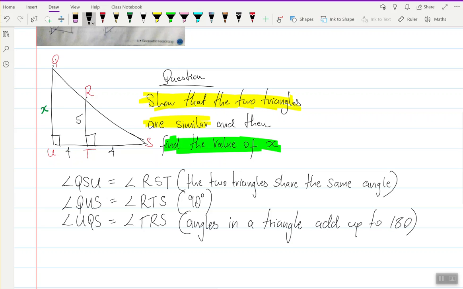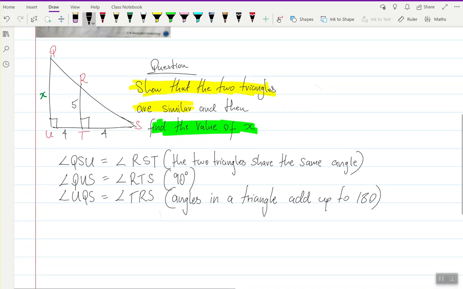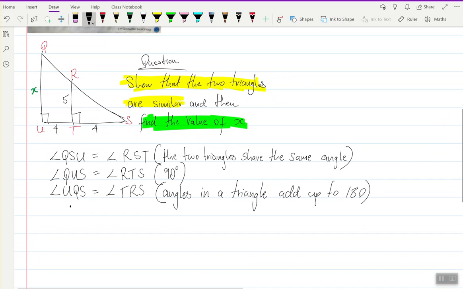So that's done. Show that the two triangles are similar. Actually, I can do more. Then my three dots there. What do those three dots mean? Therefore, triangle QUS. It's not congruent. This time we're going to say similar. The three lines is congruency. For similarity, we do a squiggly line.